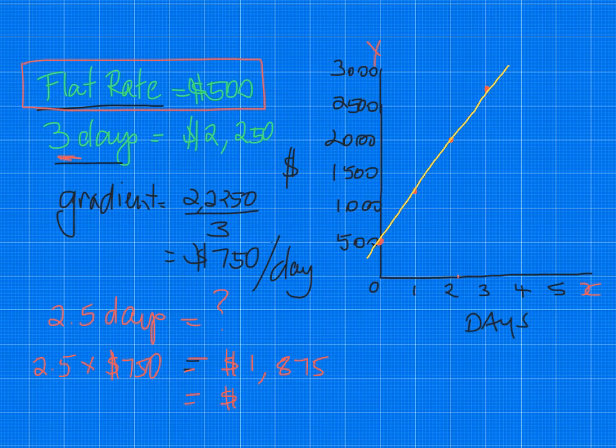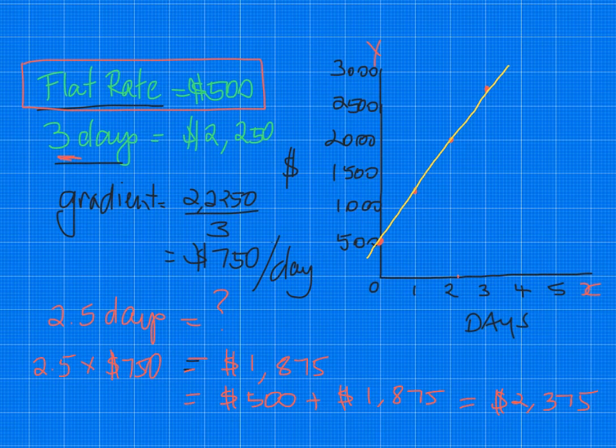So our flat rate is $500 plus our $1,875, which is $2,375.